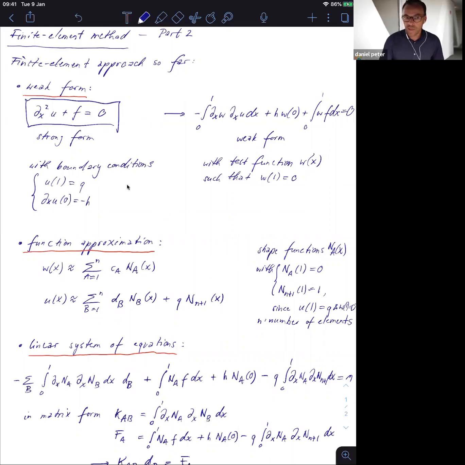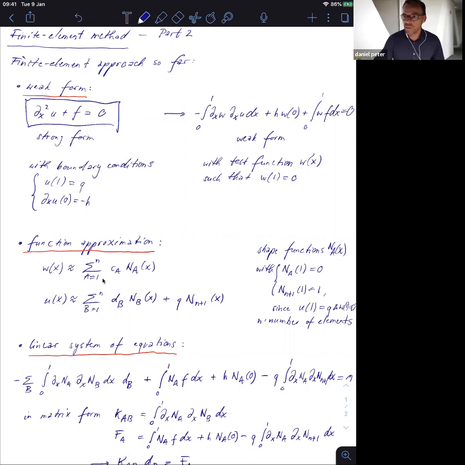Now again, for our special example with the boundary conditions, we have two conditions. Here n is the number of elements. Sometimes when you open up a book and look at the function approximation, n is the number of nodes. For us, n is the number of elements because we have that Dirichlet boundary, and on the Dirichlet boundary we don't have a degree of freedom anymore.